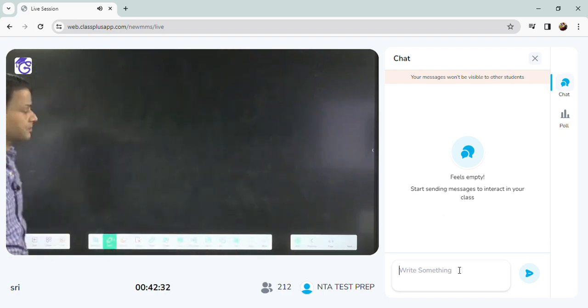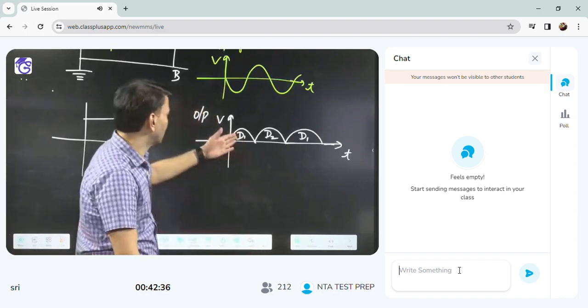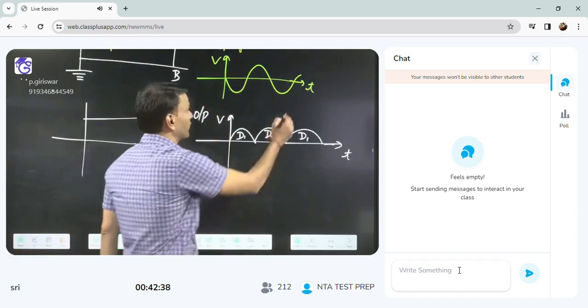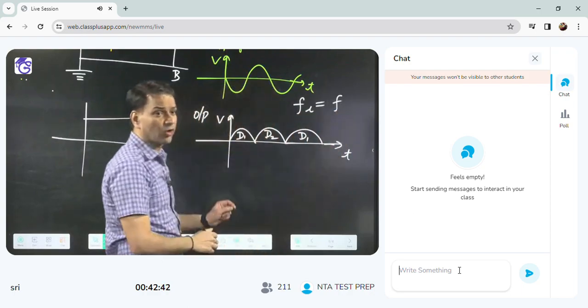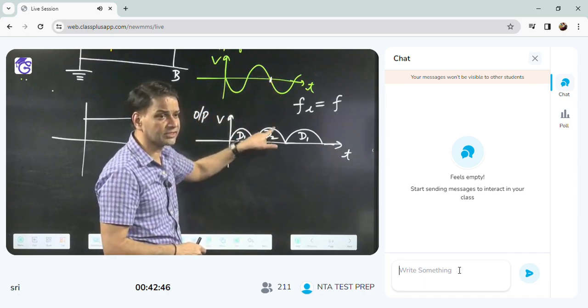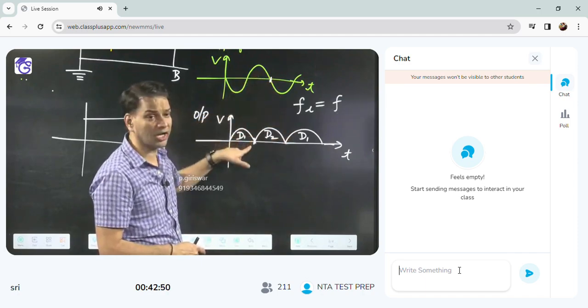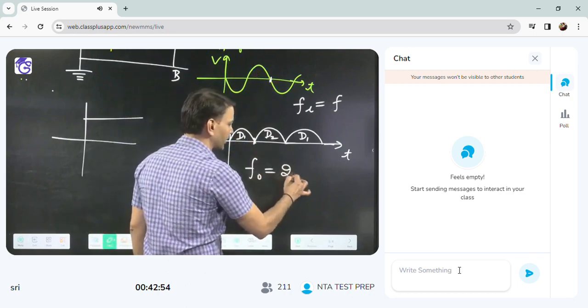Okay. And the frequency relation, everything you can get from here. Like here, frequency of input. If I am taking the frequency of input as F, then here what will happen? Here the time period is this, here the time period is this, because after this it is repeating. So here the time period got half, so the frequency will become double. So what is the frequency of output here? 2F.